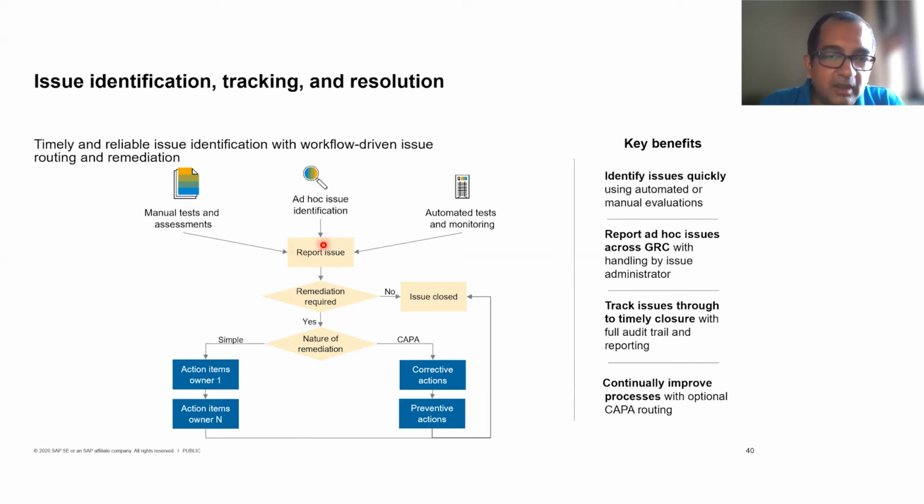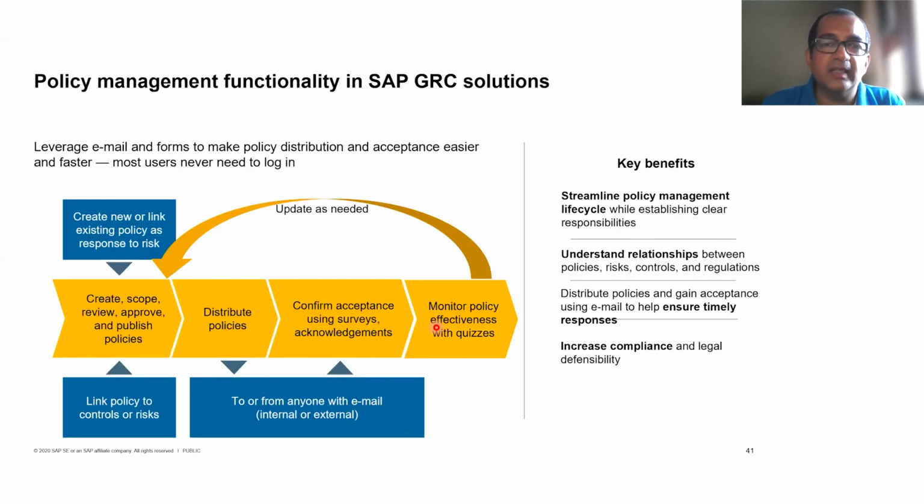So right from the time the issue gets reported, now to the entire workflow based resolution as well, including things like the CAPA mechanism, so the corrective and preventive actions as well. So in case newer controls need to be configured, or in case testing needs to be done more exhaustively or more frequently, etc. So whatever might be the preventive actions as well, that is something that can all be documented and maintained by the system itself, right up to the time that the issue gets closed. So we give you the end-to-end issue resolution mechanism as well.